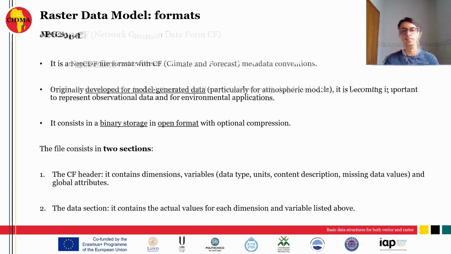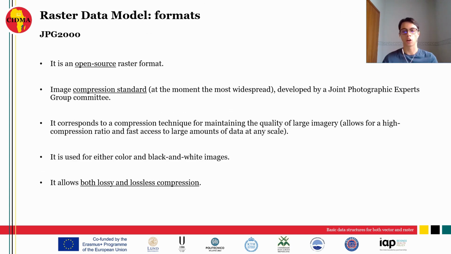The last raster file format that we are going to introduce in this lecture is the JPEG 2000. At the moment, it is the most widespread open source raster format. It is a compression standard that was developed by a Joint Photographic Experts Group committee, and it is used to maintain the quality of large imagery.